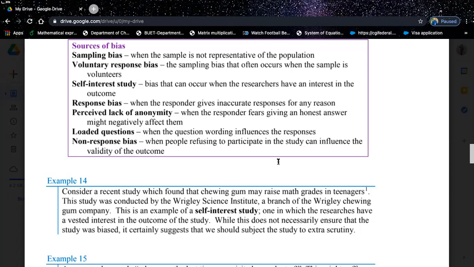So the validity of the outcome might be questioned: why are people refusing? Is it the way you approached them, is it about the questions, did you approach them at the wrong time? It could be different things.